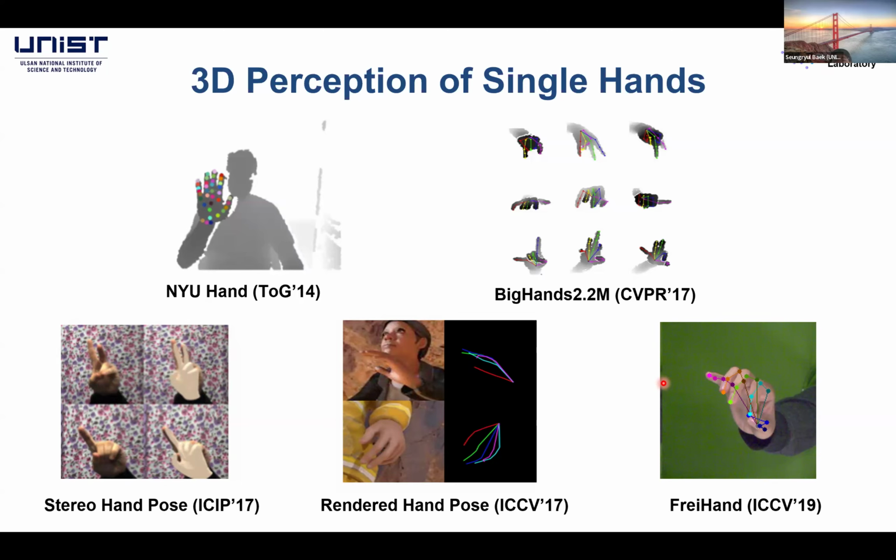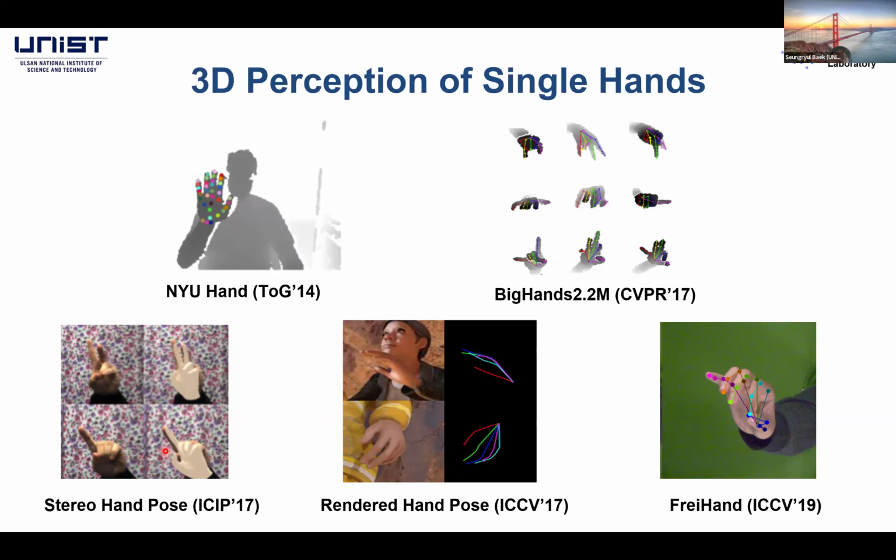So the research trend is changing to achieve the 3D pose estimation from the RGB image rather than the depth image. And achieving 3D pose estimation from the RGB image is harder, because RGB has no Z component, which means RGB images don't have any depth information.